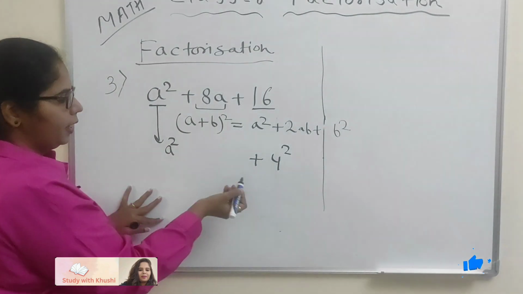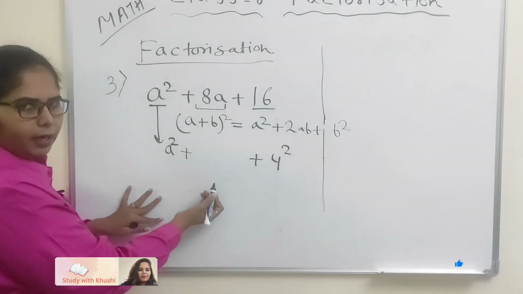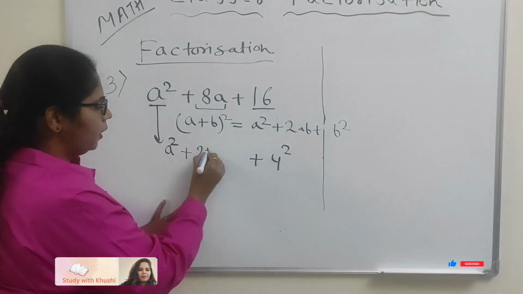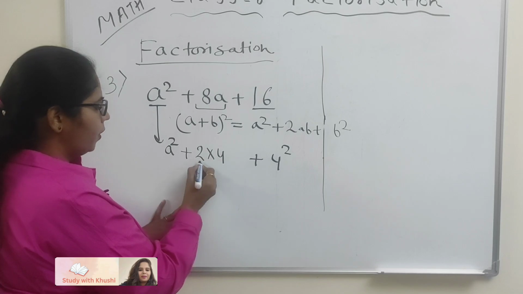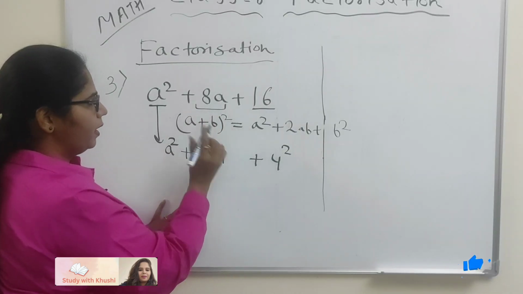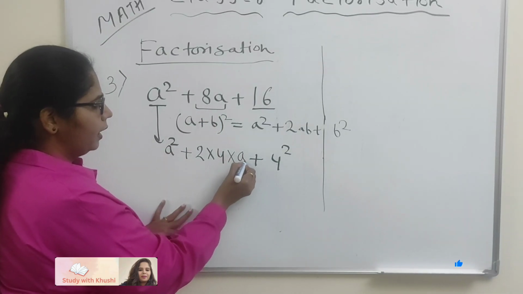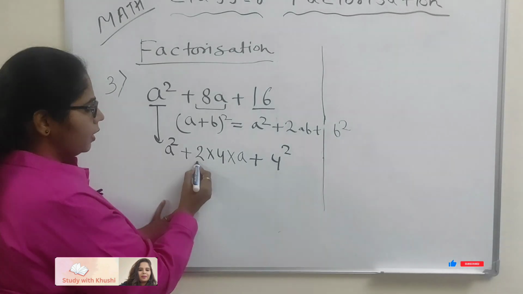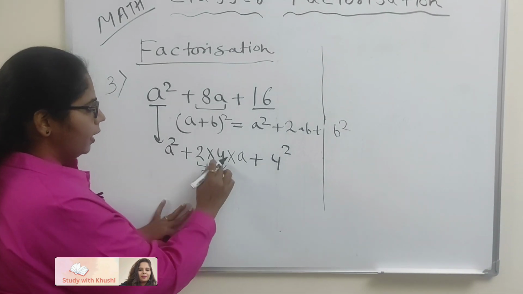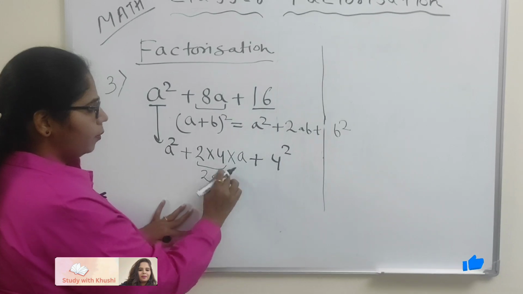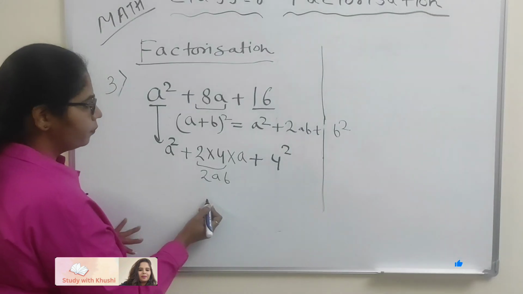Now I have to write 8a in the form of 2ab. Now you can check what is a. A is a only, and what is b here? B is 4. So can I write 2ab as 2 into 4 into a? Right? Now our identity a plus b the whole square.